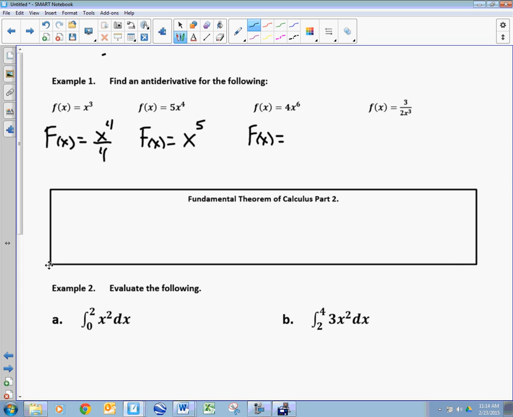Next one. 4x to the something over 7. Now here, f of x is equal to 3 over 2 x to the negative 3. So I'm going to add 1 to the exponent and divide by the new exponent.